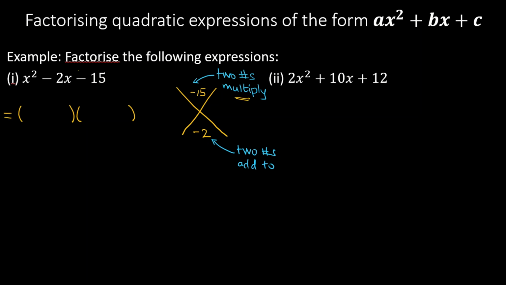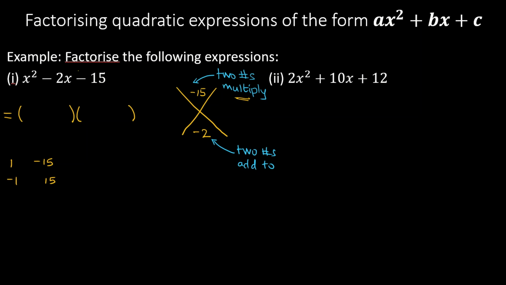We consider multiplication first. Negative 15. We can take 1 times negative 15 gives negative 15, or negative 1 times 15. We can swap the signs.